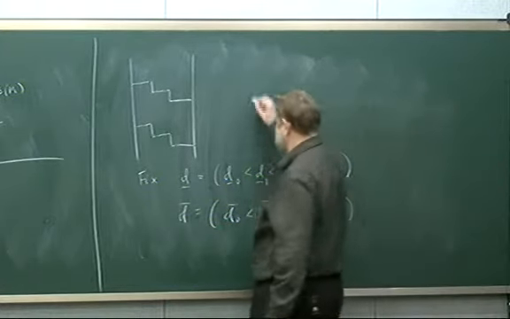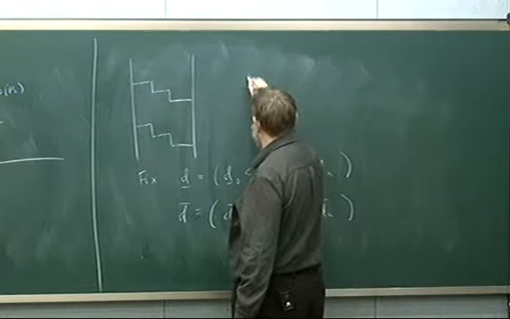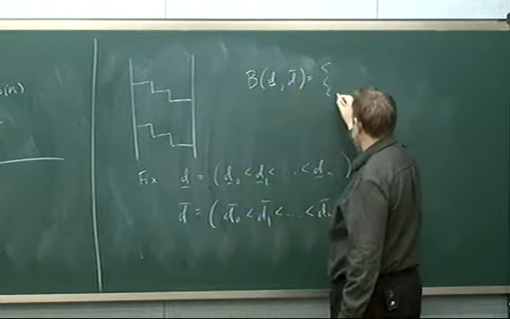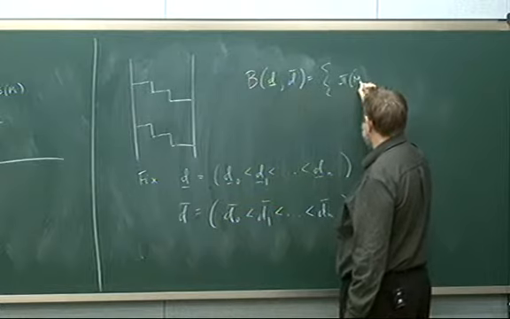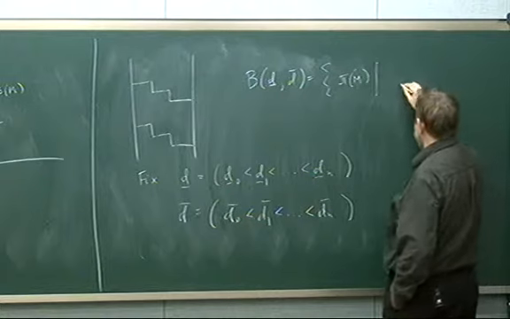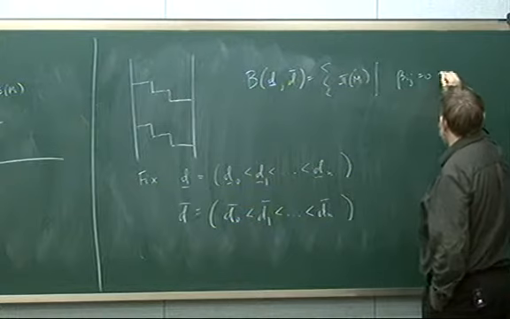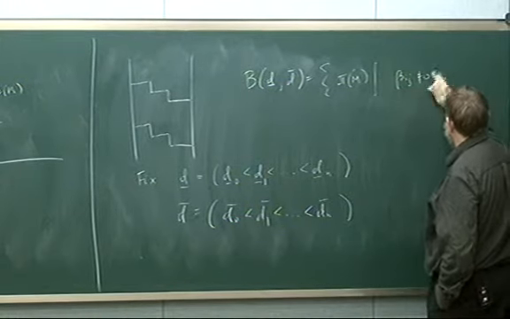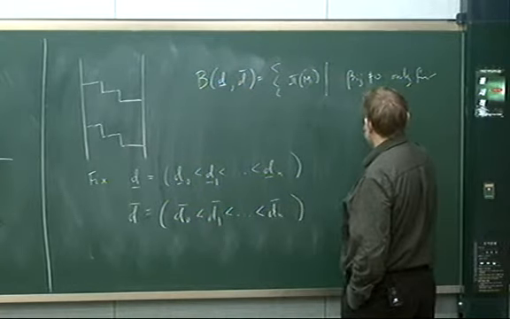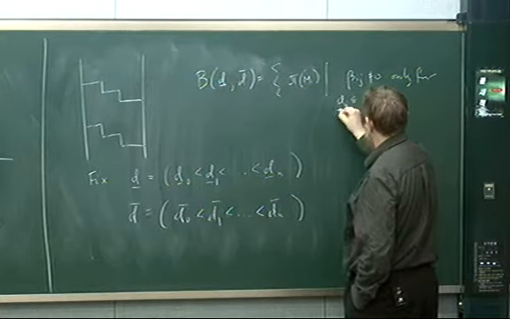So consider B, lower, upper, the set of all normalized Betti diagrams of graded modules such that beta_{ij} is 0 for j not between the lower d_i and the upper d_i.